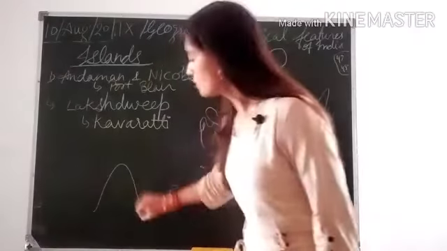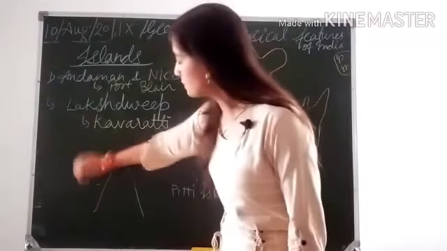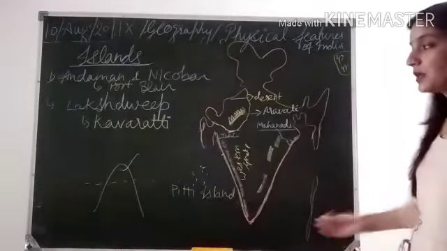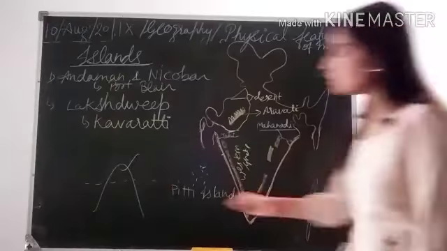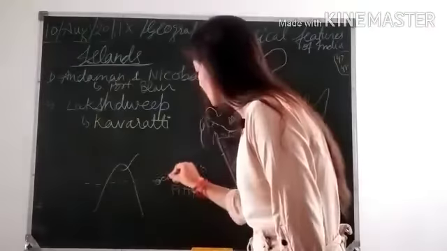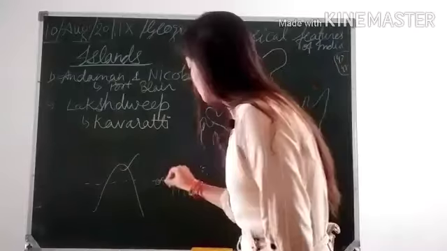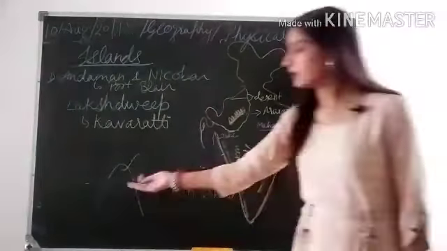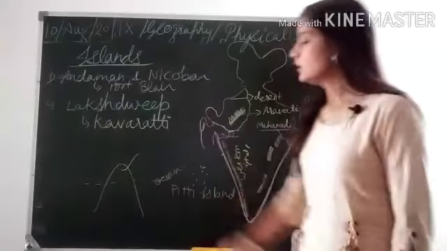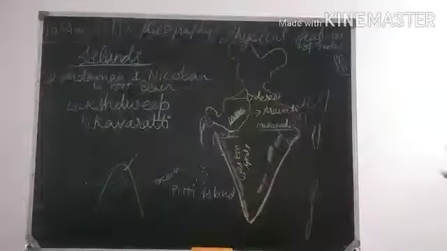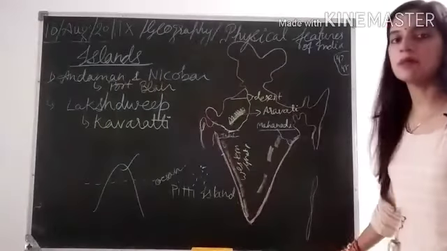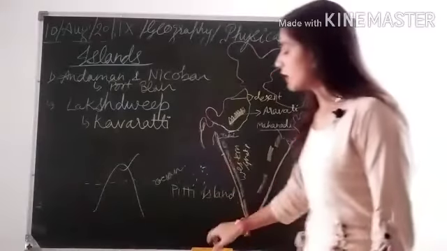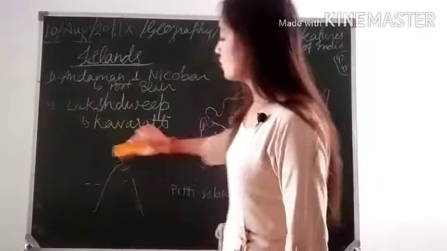Suppose it is a mountain, this part is below the ocean level, and the part appearing above the water is called a peak. So these are basically submerged mountains. And if you talk about Lakshadweep, then Lakshadweep is not a land part.